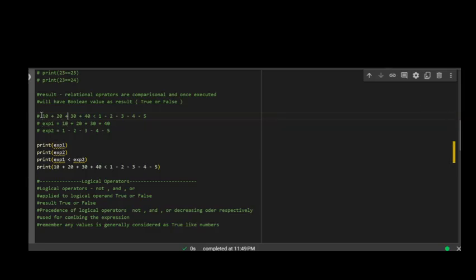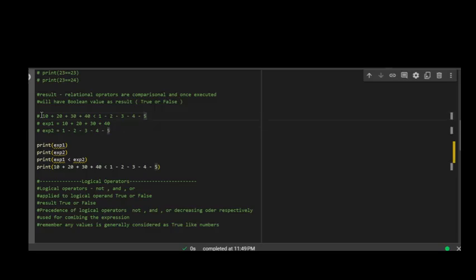So 10 plus 20 plus 30 plus 40, I have taken on one side, then there is less than, then 1 2 3 4 5 with minus signs, right? So in this scenario there are two expressions applied to one particular relational operator, the less than operator. Now on the left side you see 10 20 30 40, on the right side 1 2 3 4 5.